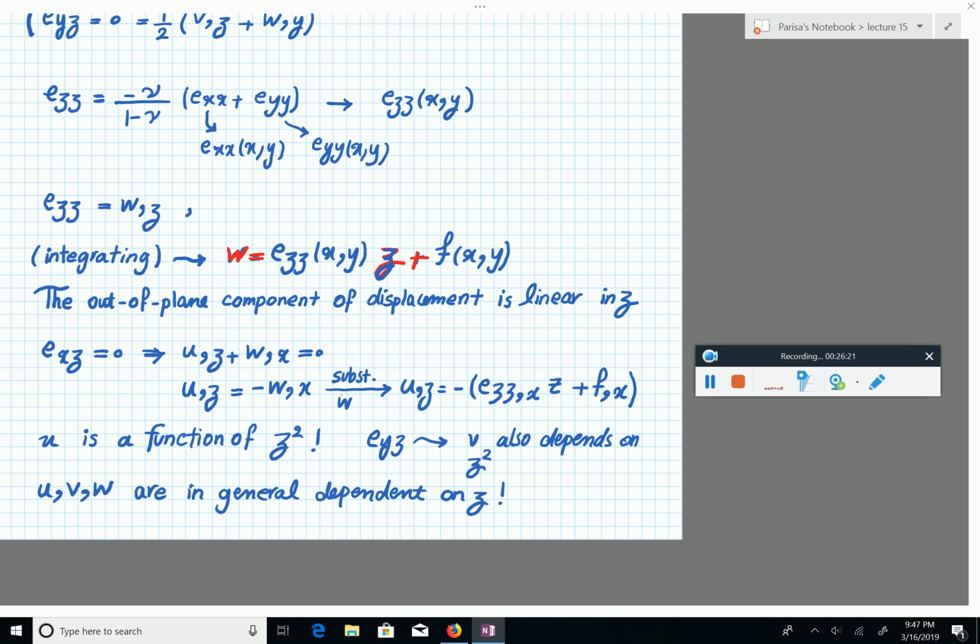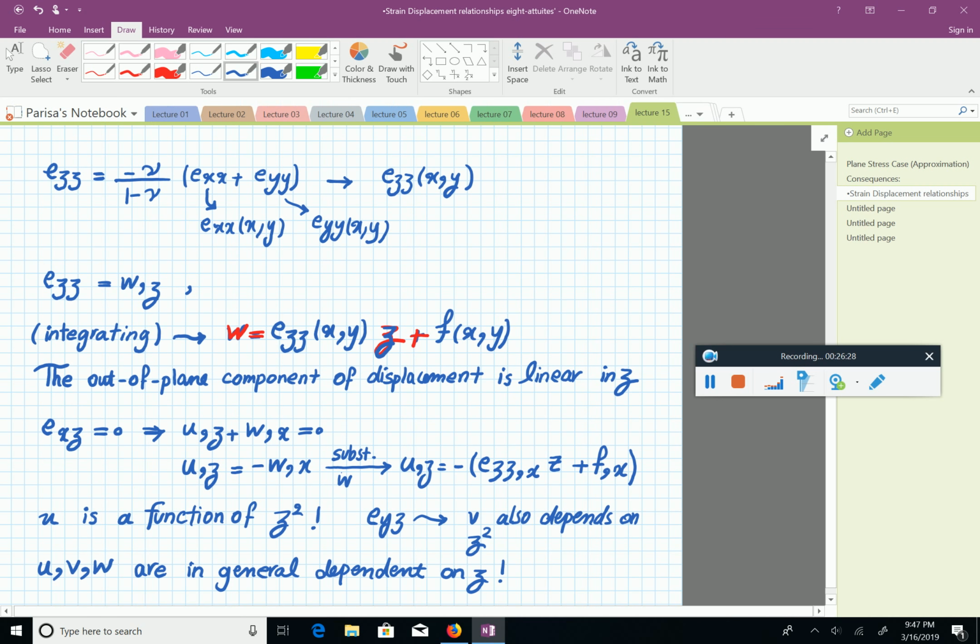We didn't have these issues when we talked about the planar strain case, which is mathematically exact. So let's look at the equilibrium equations next.